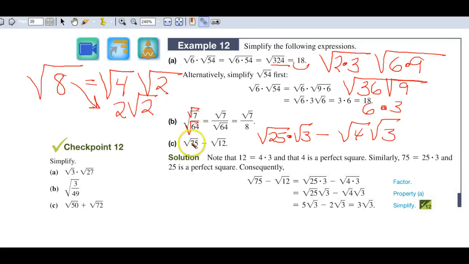I'm just teasing these apart into perfect square factors. So this now becomes 5 square root of 3 minus 2 square root of 3. In a sense, you can consider these as variables. We're just going to deal with the numerical front of these. So 5 minus 2 is 3, 3 square root of 3, which is what they have right there.